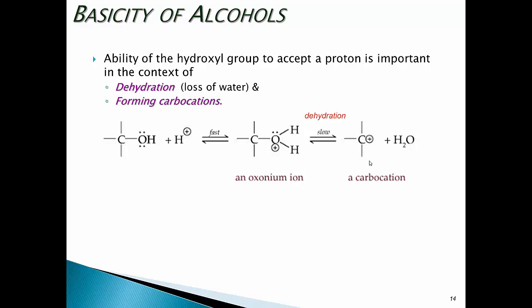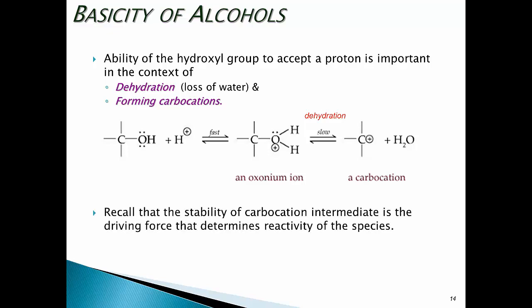The tertiary carbocation, with those large R groups surrounding it, is very stable. So the tertiary carbocation is the most stable. And for a reaction to proceed via a carbocation intermediate, it needs to be a tertiary carbocation intermediate. Again, we'll see this in practice a little bit later on in the lecture.